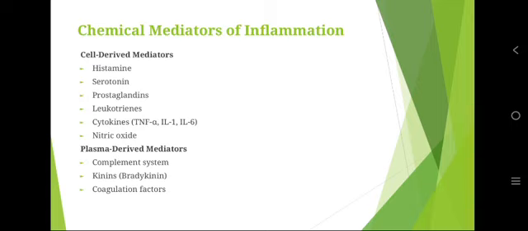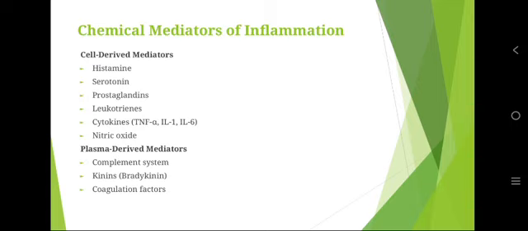Then chemical mediators of inflammation. These chemical mediators of inflammation are classified into two main types: cell derived mediators and plasma derived mediators. Histamine, serotonin, prostaglandins, leukotrienes, cytokines, and nitric oxide are cell derived mediators.